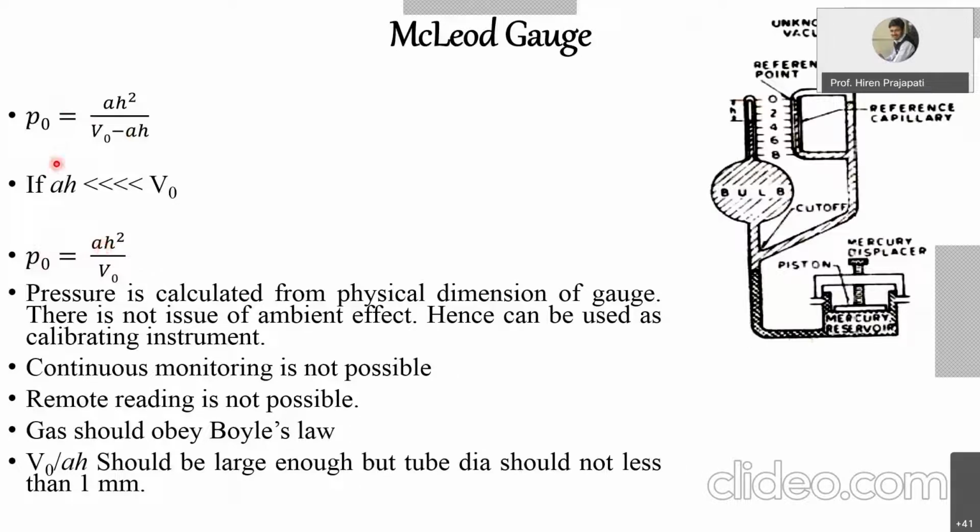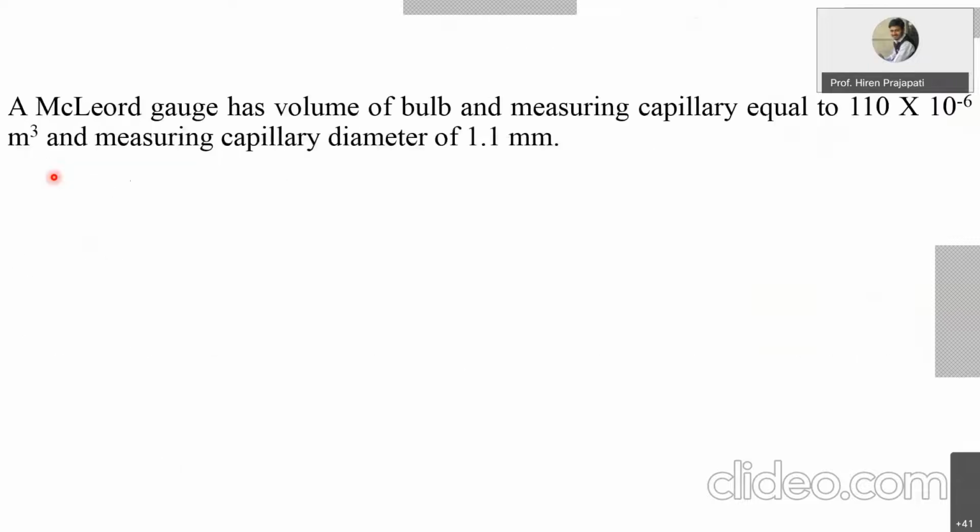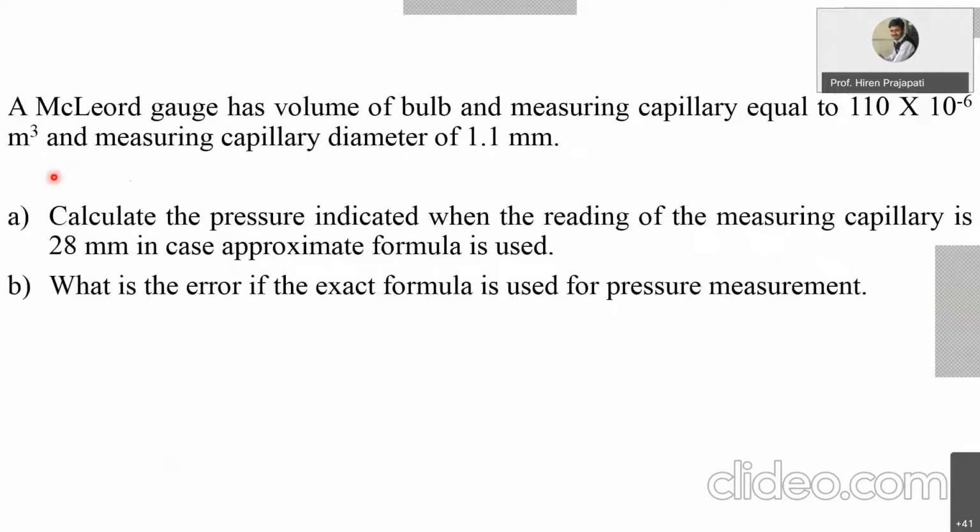In case B, we need to find the error, meaning use this equation, find P0, and get the difference between these two; that will give you the error. Again, the problem is simple, based on equations you can solve because other details are given. The answer of question A is 6.773 micron, and the answer of B is 0.002 micron. This is the error based on the assumption which we have taken. So this is all about McLeod gauge.